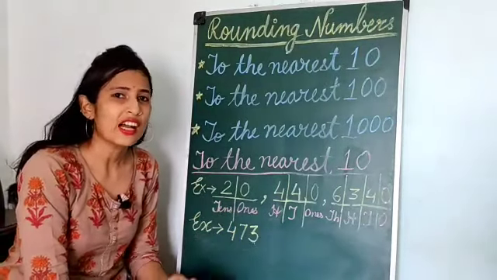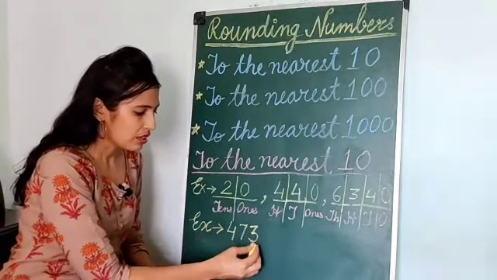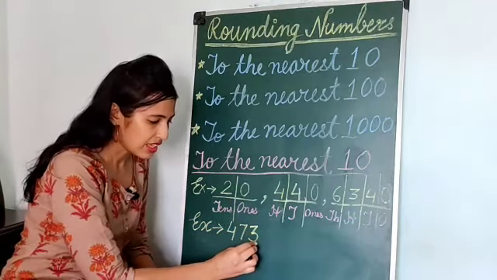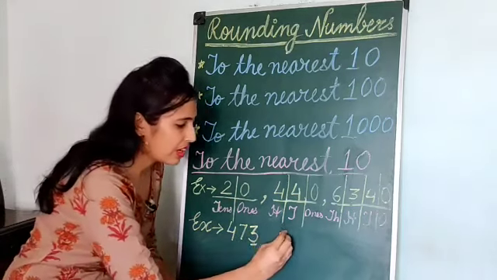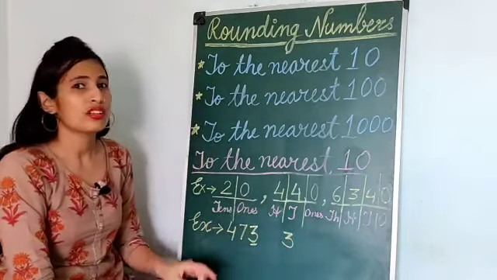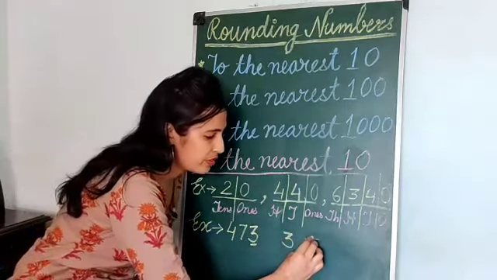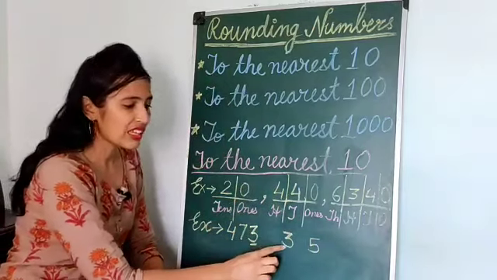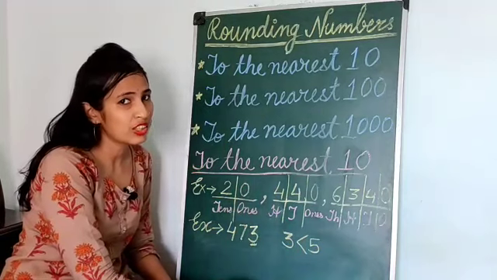Here I will take another example of a 3-digit number. Here the ones place digit is 3. So I will compare the digit 3 to the number 5. 3 is smaller than 5. In this case, what do I need to do?